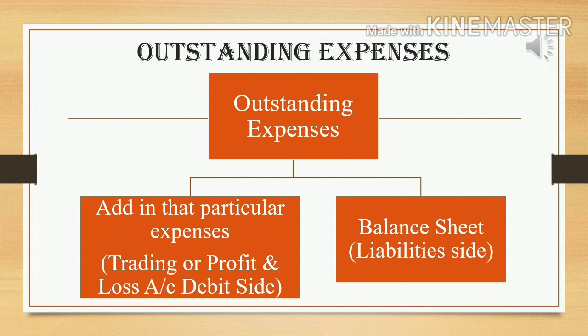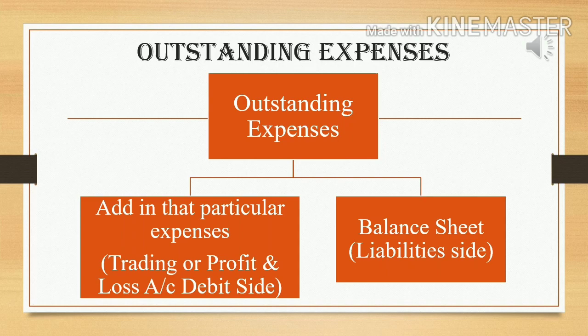You just need to focus on the word. Whenever you see this out word, you always need to remember you need to add something. And whenever you see the pre word, you need to remember that you need to deduct, you need to less something. So the very first adjustment of this category is outstanding expenses.